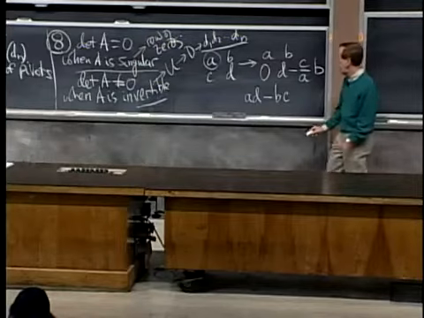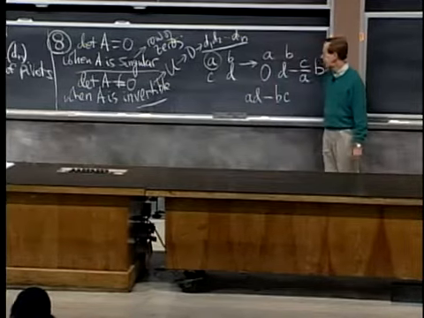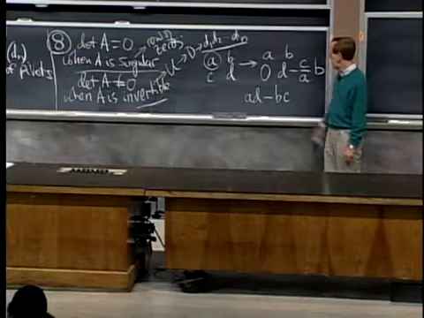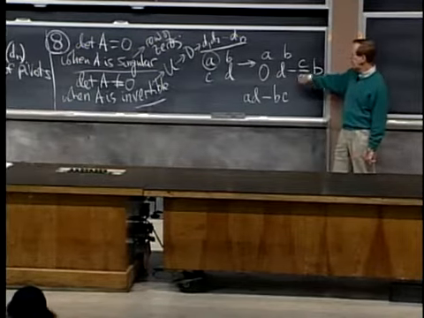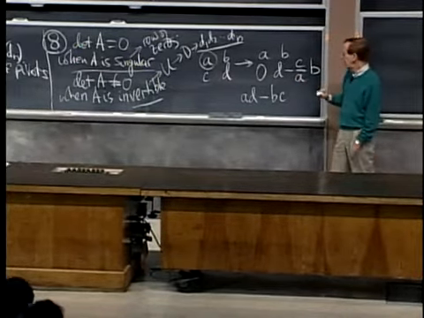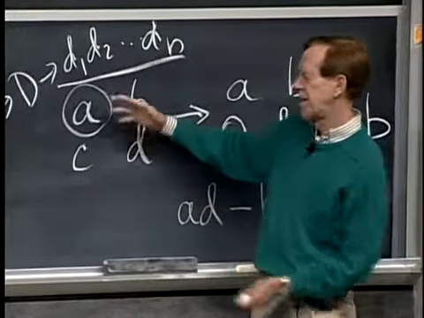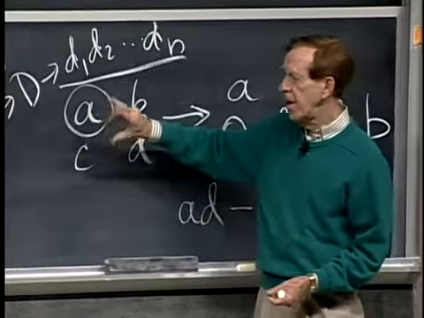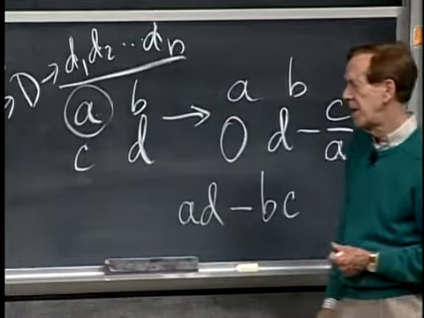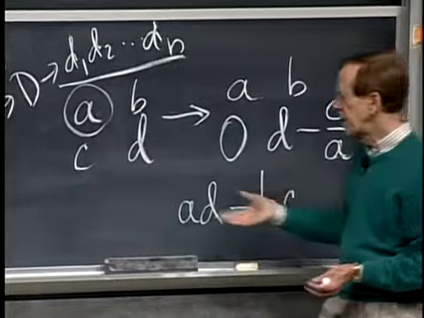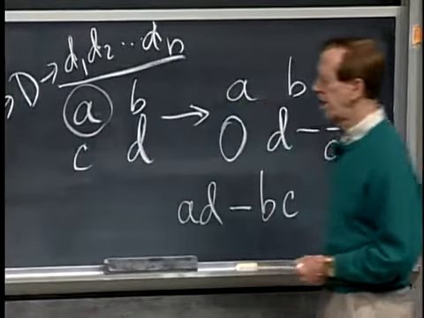So that's great, provided A isn't 0. If A was 0, that step wasn't allowed. 0 wasn't a pivot. So I've covered all the bases. If A is 0, then I have to do the exchange. And if the exchange doesn't work, it's because A is singular. Okay.